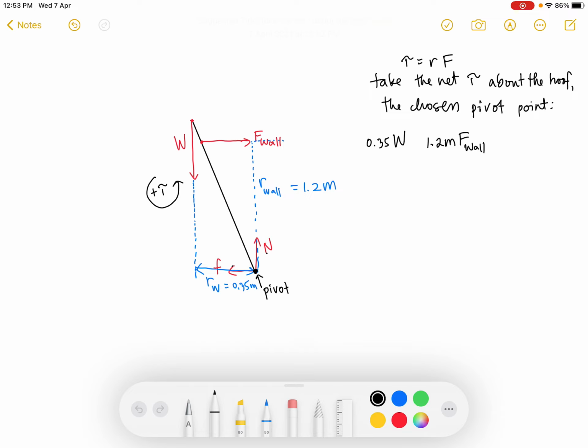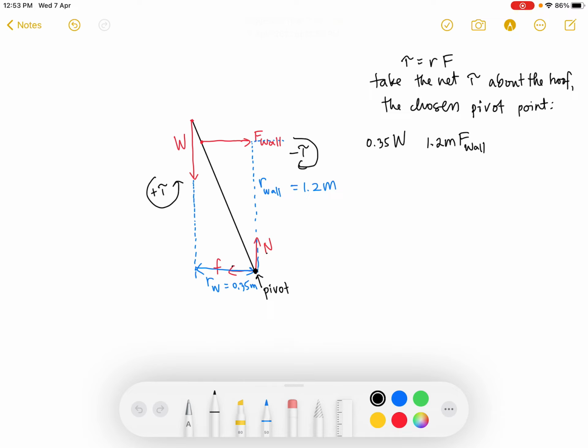Now determine whether that's a positive or a negative torque. Notice how the force from the wall has the tendency to pull the horse to the right, and relative to the pivot point, that will cause the horse to rotate in a clockwise direction.